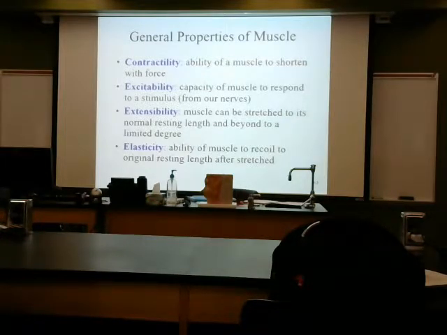Why do you think the term membrane is in there? My ions have to move across the membrane. And then potential. The potential to do what? My potential to move. Okay? The potential to contract, to shorten, and then extend.